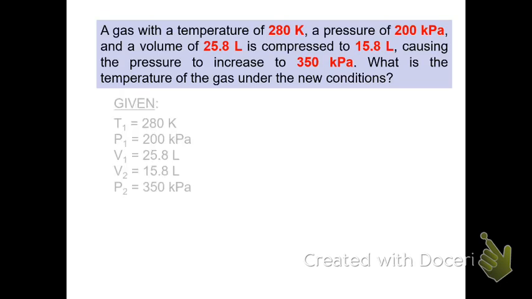So it's important to use mathematics here to see how things would change depending on the conditions. These are the given conditions here. We have an initial temperature of 280, an initial pressure of 200 kilopascals, an initial volume of 25.8. And then it says that you compress this, so you decrease the volume to 15.8, increasing the pressure to 350 kilopascals.